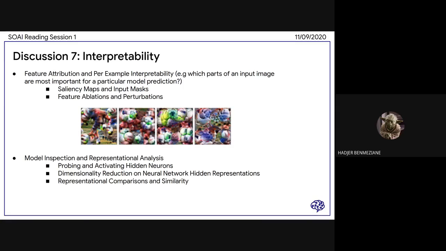For this category, we have two methods: the saliency maps and input maps, and the feature ablations.